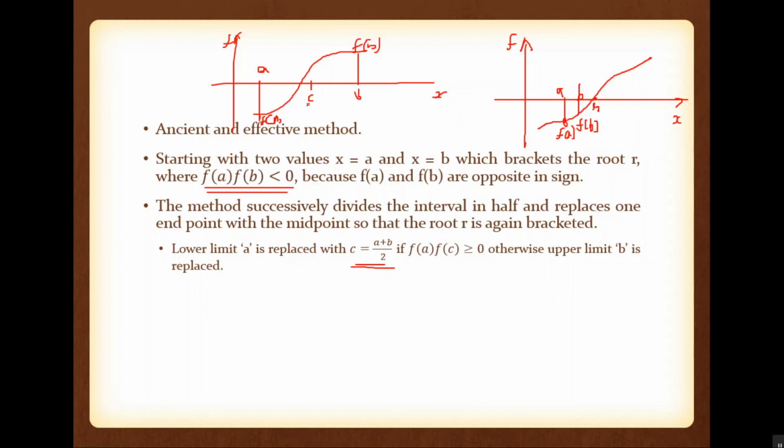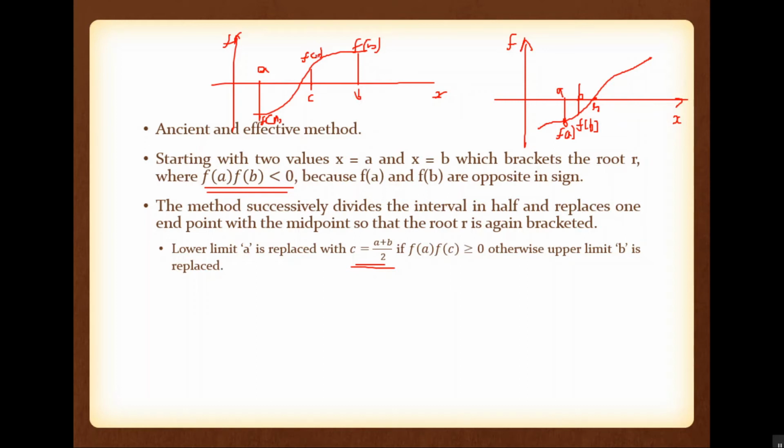So that is c. Now if this is c, then what is the value of the function at c? That is f of c. Now we are going to compare a and c. You can see the product of f of a and f of c. f of a is negative, f of c is positive, means the product of f of a and f of c is negative.